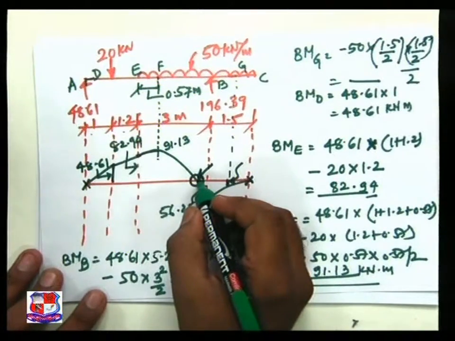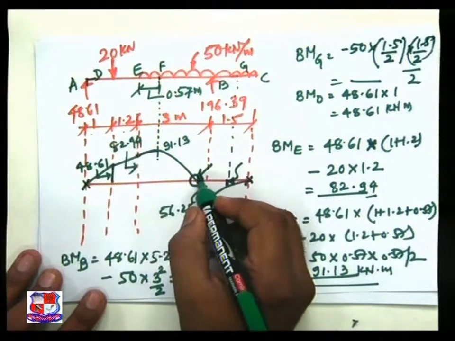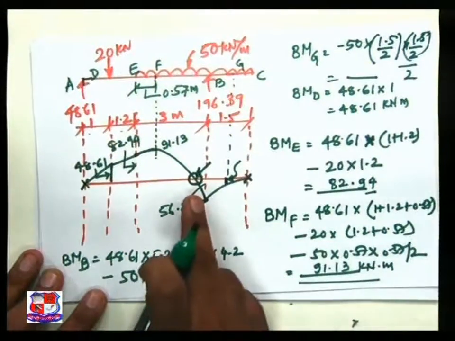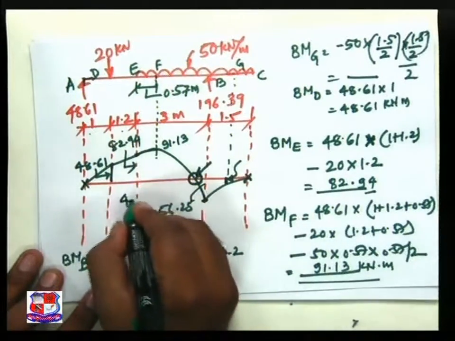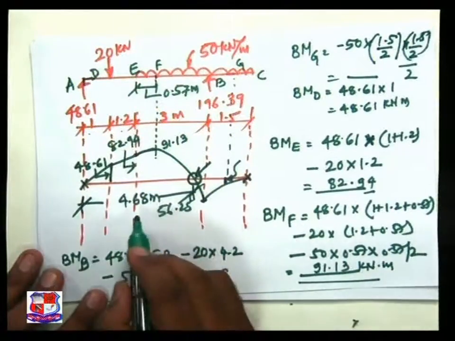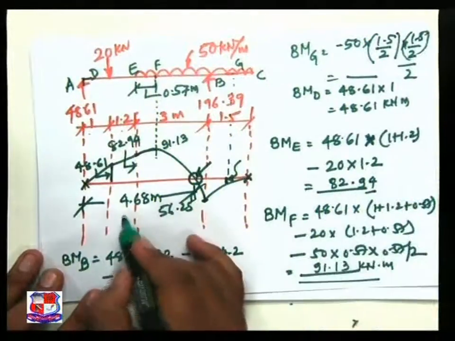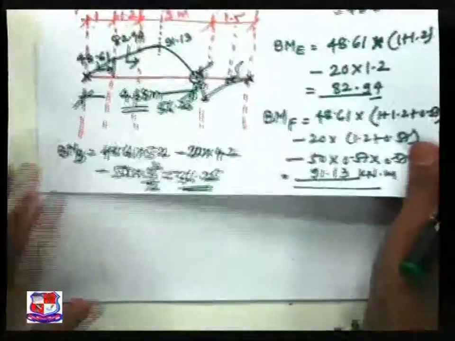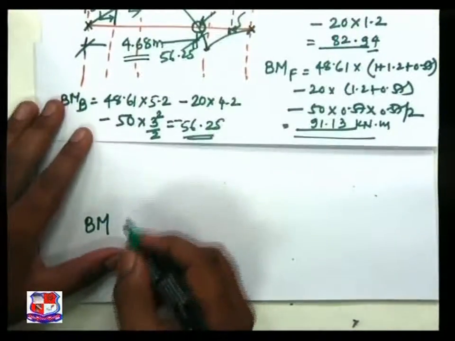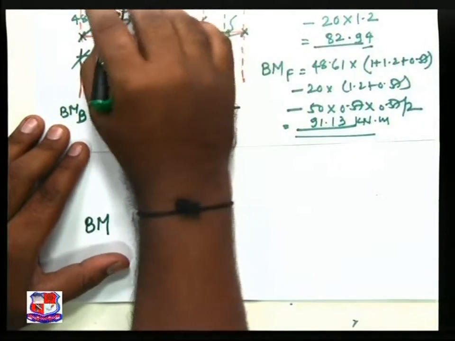What is this point? This point is known as point of contraflexure, and we can find it out by taking a section. I wish you can do it by yourself. Please note down the answer is 4.68 meter. Find out by the concept of section, taking a section over here, equated with 0, we find 4.68. If you want to take an equation, visualize this, zero bending moment takes place between E and B.